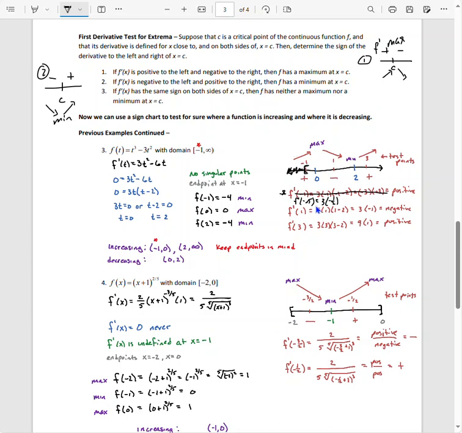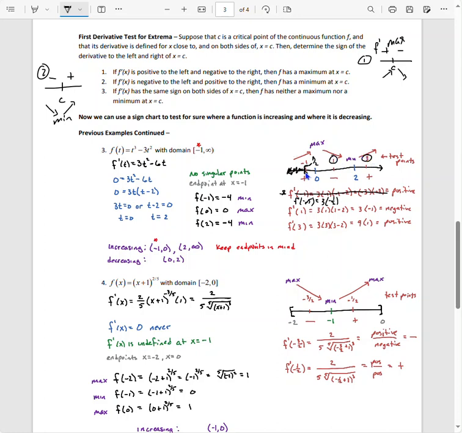What I should have used instead was a value between -1 and 0, between my critical values. And the easiest one is -1/2, or -0.5. So I'm going to choose -1/2, and then I'm going to use 1, and I'm going to use 3.